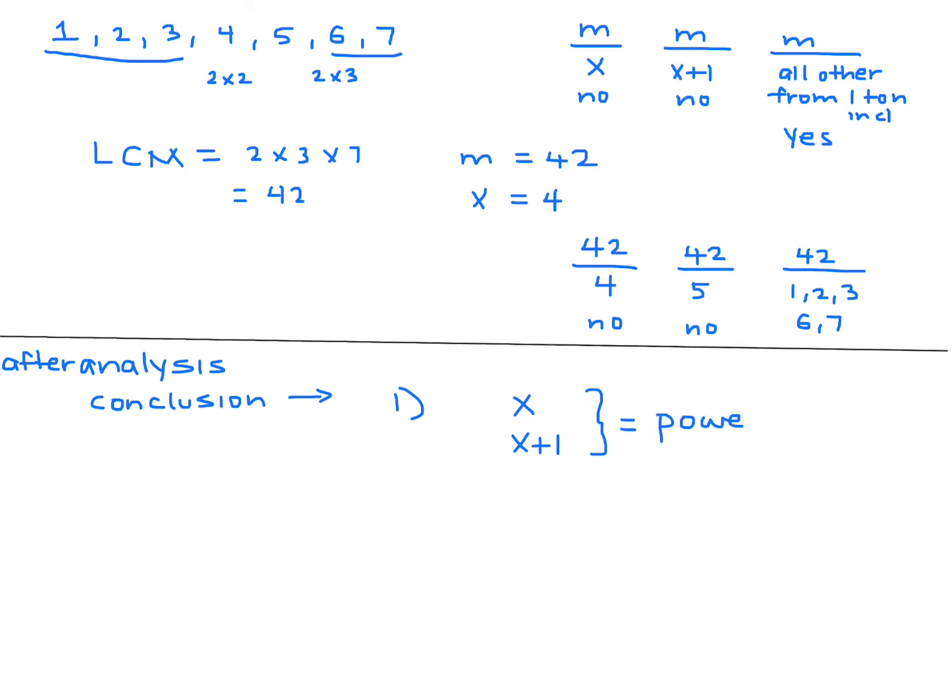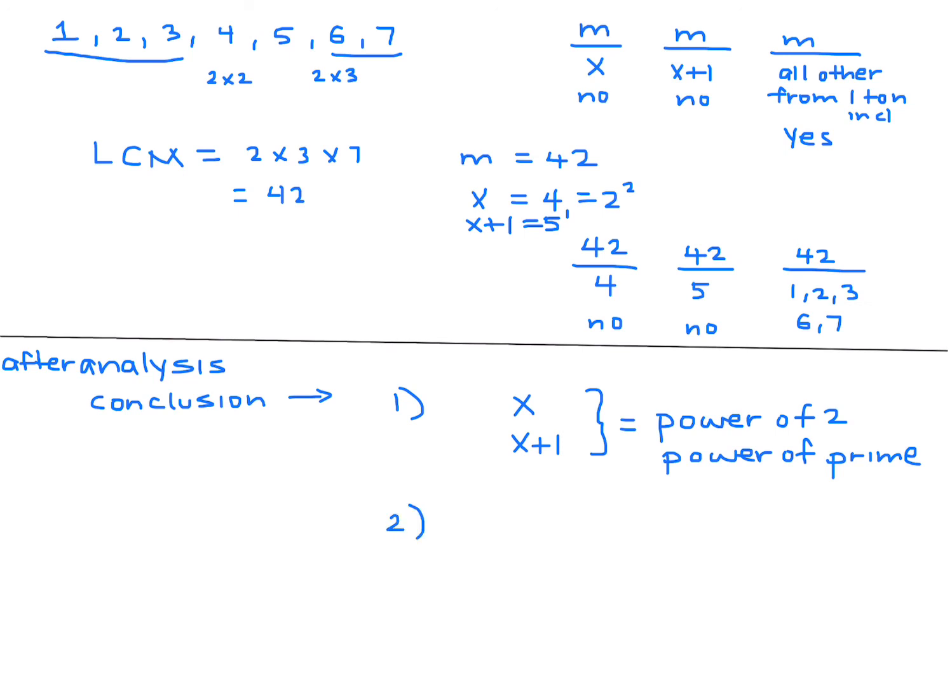So for example, in our little scenario up here, x was equal to 4, which is indeed a power of 2, it's 2 squared, and x plus 1 was 5, which is a power of a prime, it's just 5 to the power of 1.